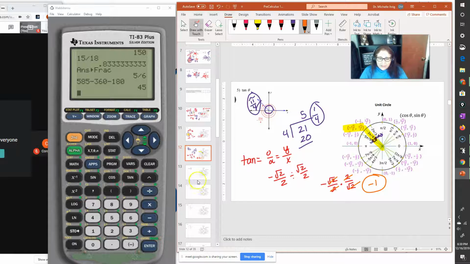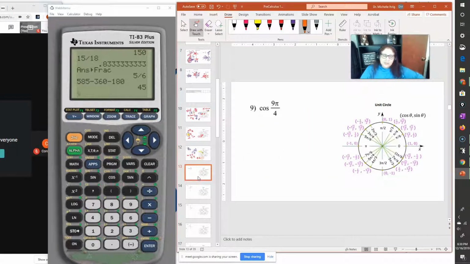Okay, remember, we're trying to figure out how to get 3 questions in this section. Cosine 9 pi over 4. Okay, again, you can do, well, 4 goes into 9 2 times, 8 with 1/4 remainder. Okay, so I'm going to start at 0. It's positive.